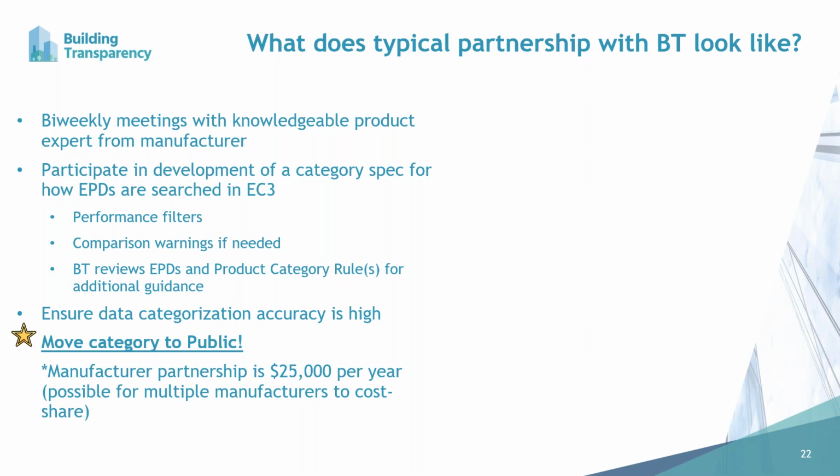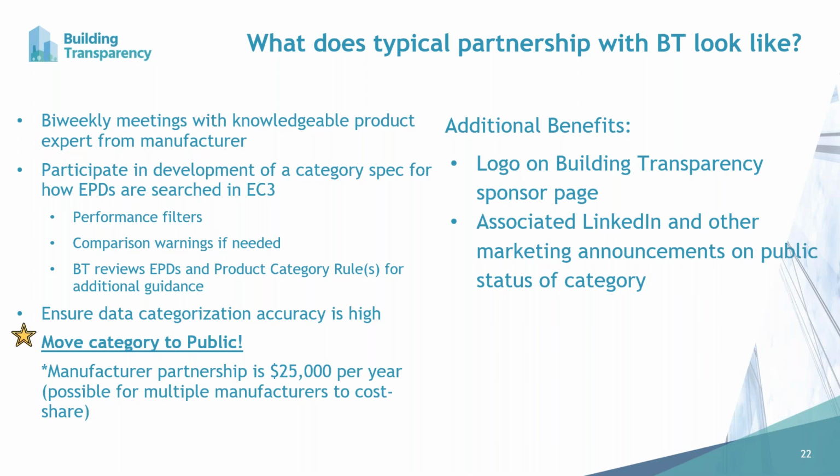Our manufacturer partnerships are $25K a year, but there's other possibilities if there's multiple manufacturers, as long as we avoid any antitrust issues. We're able to be flexible there. A couple additional benefits are you get your logo on our sponsor pages. We do LinkedIn announcements on public category status being announced.